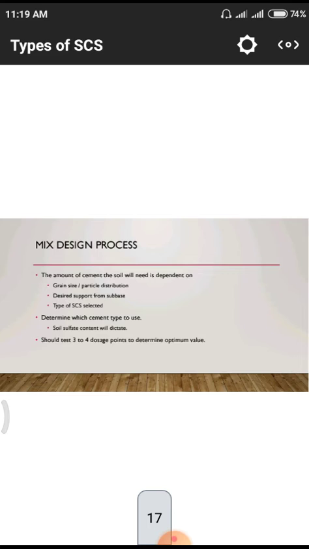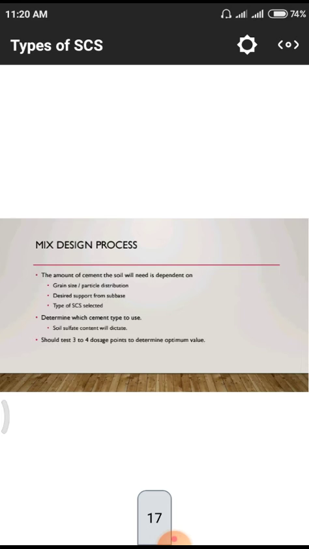Second one is the desired support conditions from the subbase. If there is good drainage, automatically the water will be leached out. If there is no proper slope, the mix will be retained for a long period, and it will give strength.